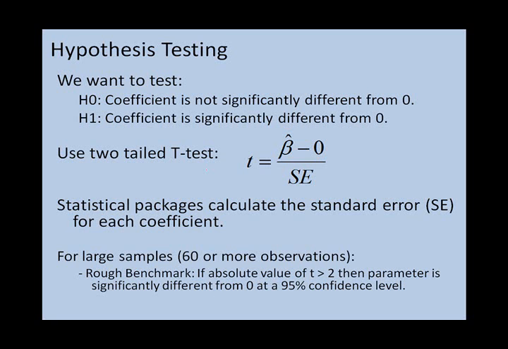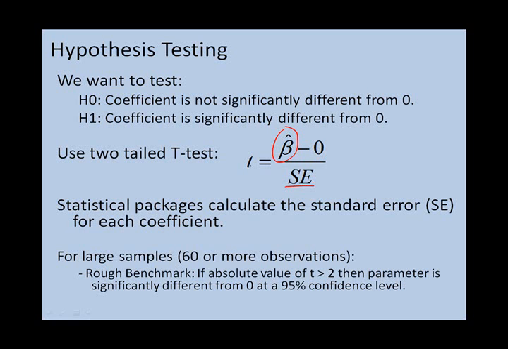In this notation, that's the beta hat. We subtract 0, which is easy, and we divide through by the standard error. The standard error represents the uncertainty associated with our estimate of the beta. Statistical packages automatically calculate the standard error for each coefficient in a model, so you don't need to worry about how we calculated the standard error. You just have to calculate the t-statistic.